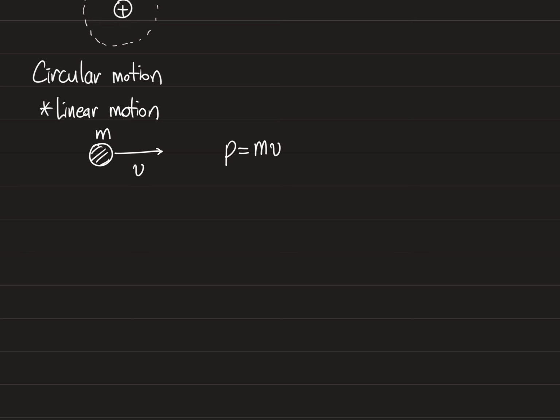So it's a measure of the object's motion in a straight line. But what happens when an object moves in a circle?